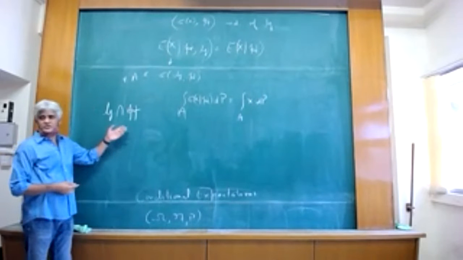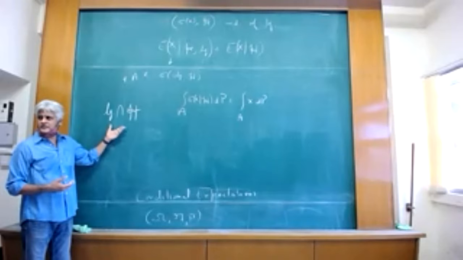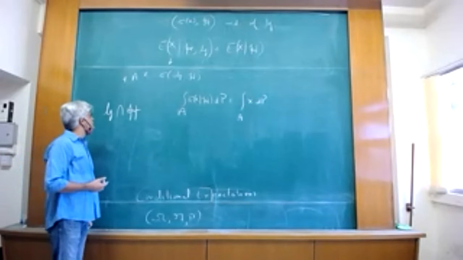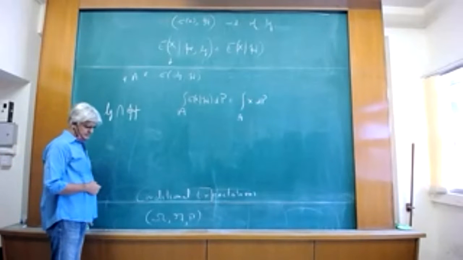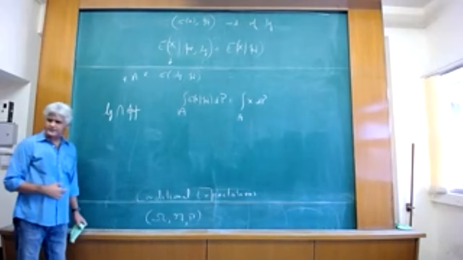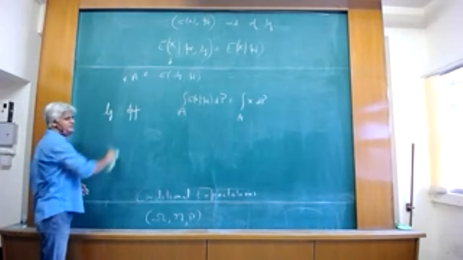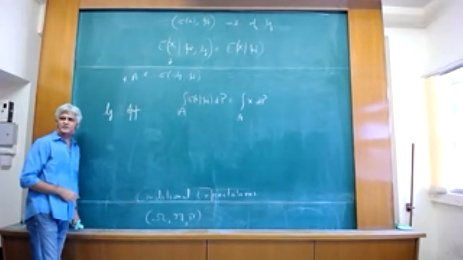If I do A cross B from here and something else, then the intersection is also in the same form. I guess the intersection would be a sigma algebra. Yeah, no, that's bad notation. What I want to say is product form.